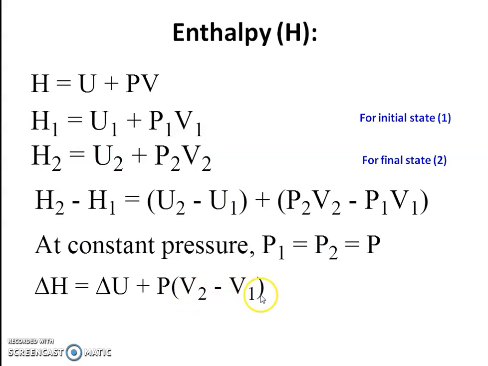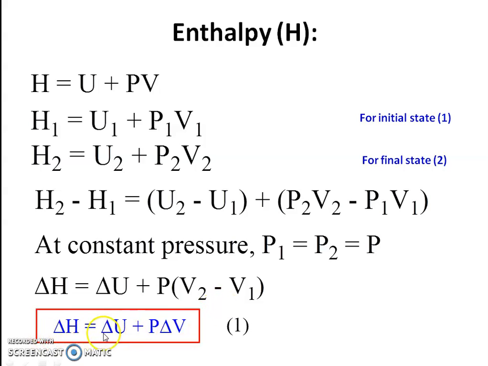Now V2 minus V1 is the change in volume, that is delta V, and therefore the final equation is delta H is equal to delta U plus P delta V. So this is the mathematical expression for enthalpy.